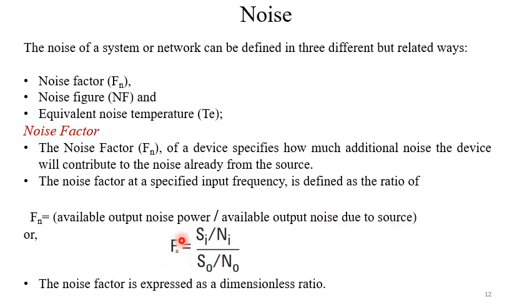Or in other words, Fn can be written as Si/Ni divided by So/No. Obviously this noise factor is dimensionless because it is the ratio of the same type of parameters.